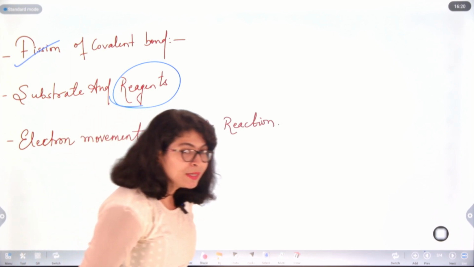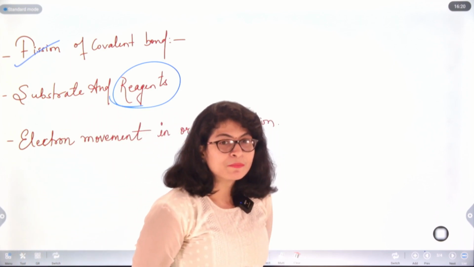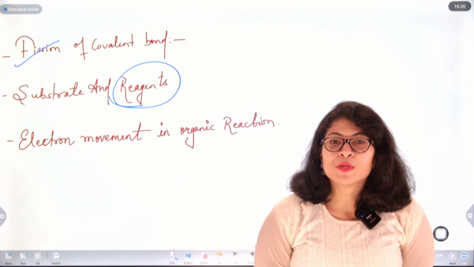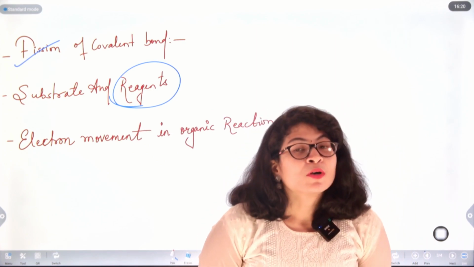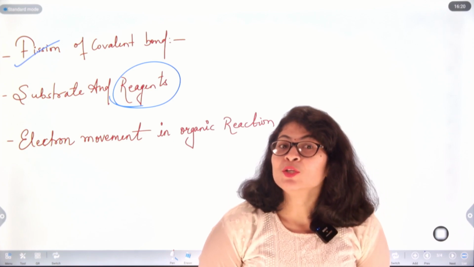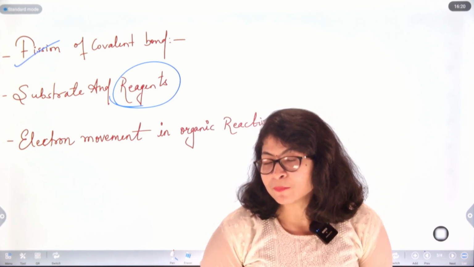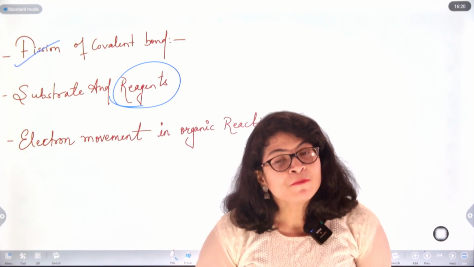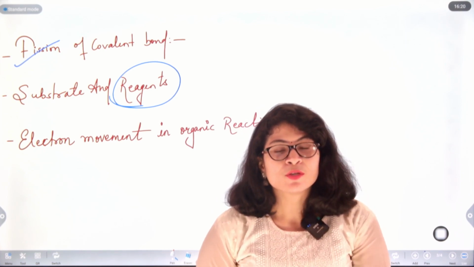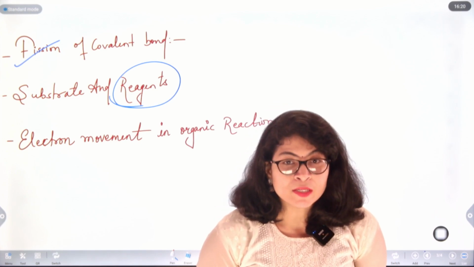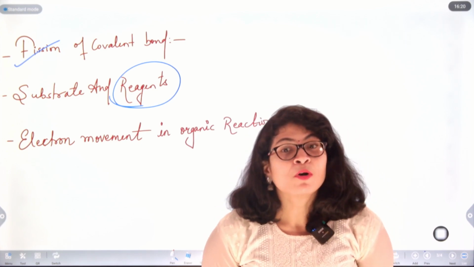Now, if the reagent is negatively charged, that means it is having a lot of electrons, it will be hunting for a positive site. If I am considering an atom, then the nucleus is considered as a positive center. So the negatively charged ions or reagents will have a special affinity, a love, for a positive site.